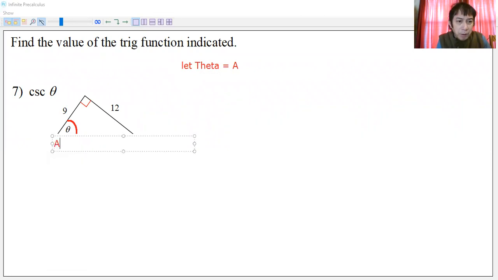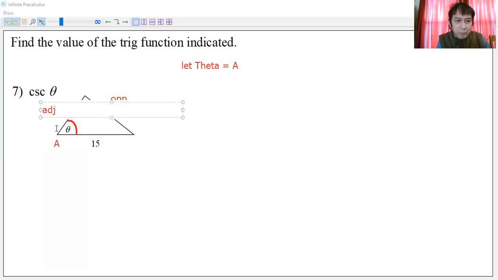Then we shall mark the sides according to their names or labels based on angle A or theta. The length 12 is opposite, so with regards to angle A, this will be our opposite side, and the number 9 is our adjacent side.